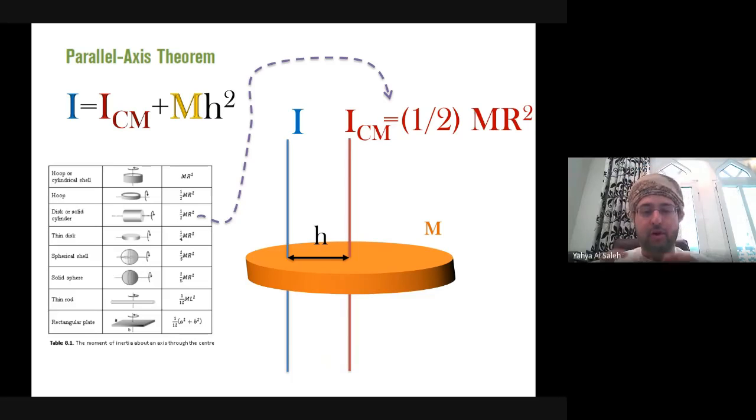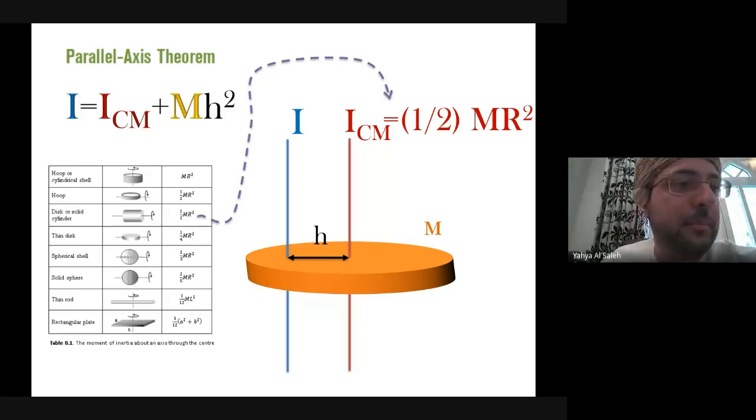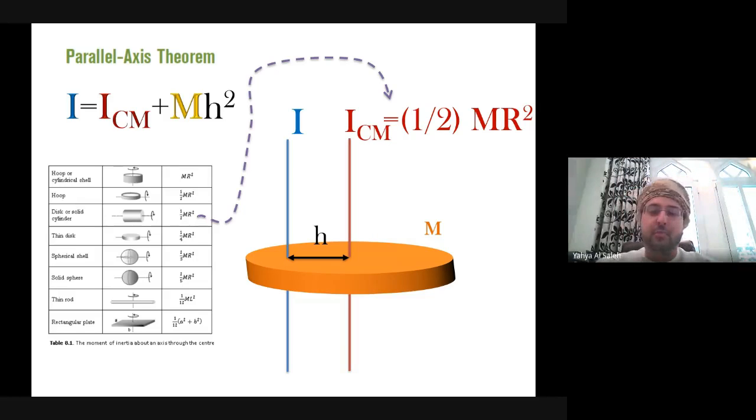A disk is basically a very, very thin cylinder, right? Now I know this is not a disk, this is a rectangle, but imagine it's a disk. And I want to rotate it like this around the center. Its moment of inertia given by this table is half mr squared.